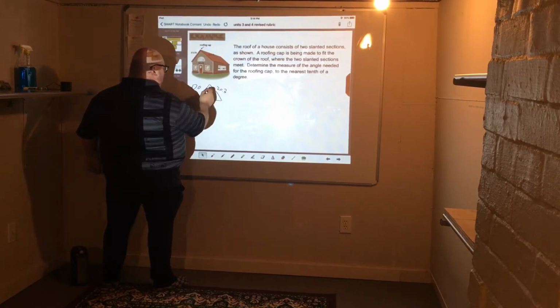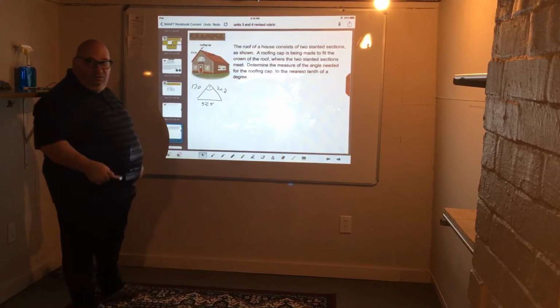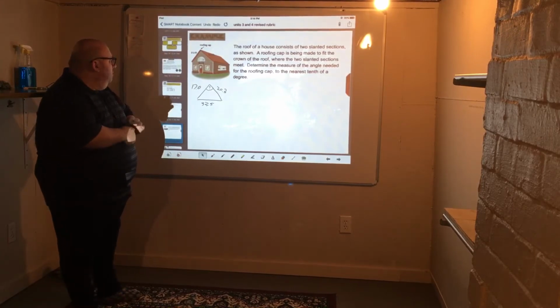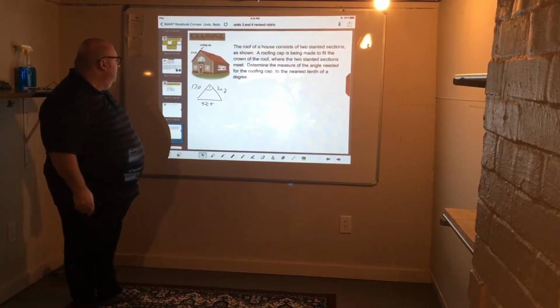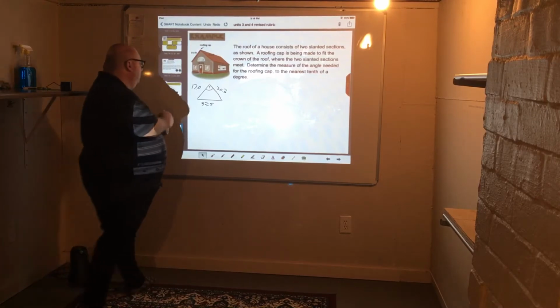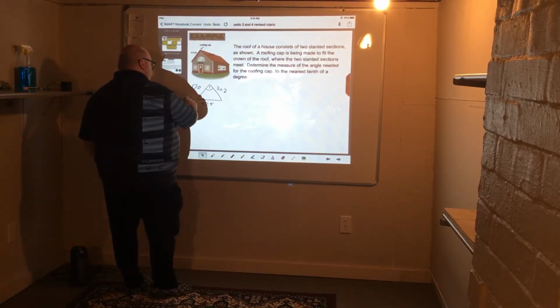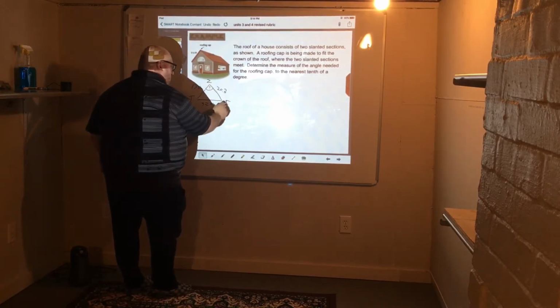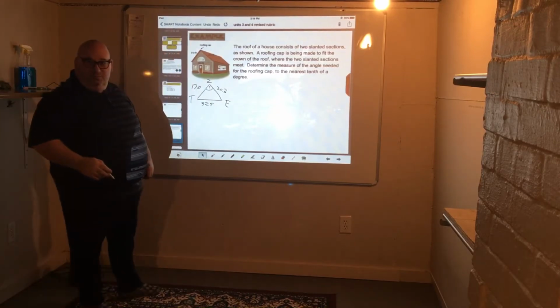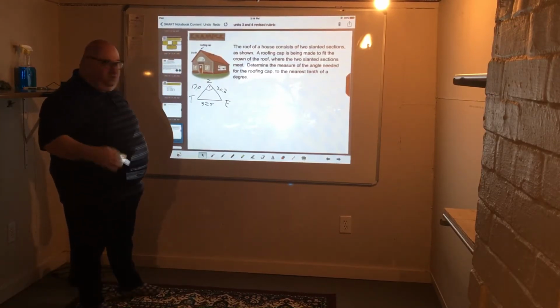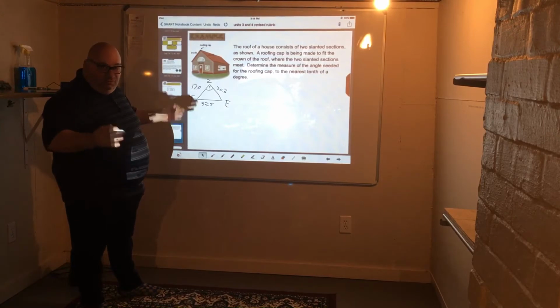All right, and what we're trying to find is this little angle in here, right? So I'm just going to put some letters in here to make this triangle TZE, EZT, TZ, ZT, doesn't matter what it's called, right?